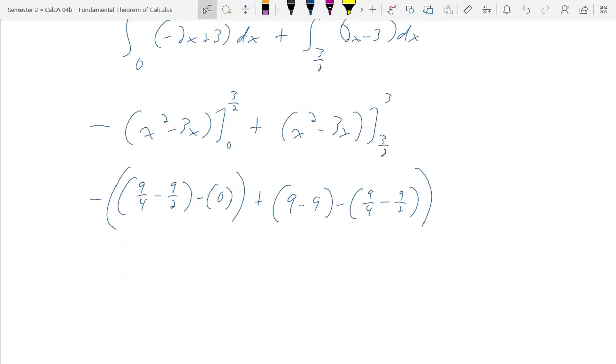You see this a lot where you get certain amounts of symmetry happening, but just track it through. Sorry, my negative should be, yeah, that's right. So this is 9/4 minus 9/2. That is going to be a positive 9/4 plus negative 9/4 plus 9/2. You have another 9/4. 9/4 plus 9/4 is 9/2.